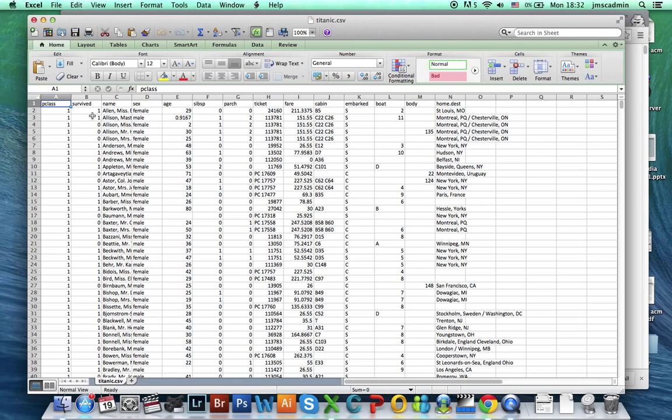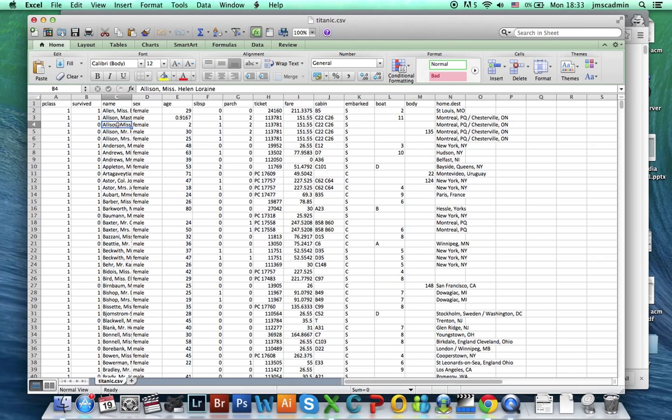The first class is for those rich people, and the third class is for the poor and for the workers on Titanic. And survived means whether that particular passenger survived the accident or not. 1 means survivor, 0 means died in the accident.